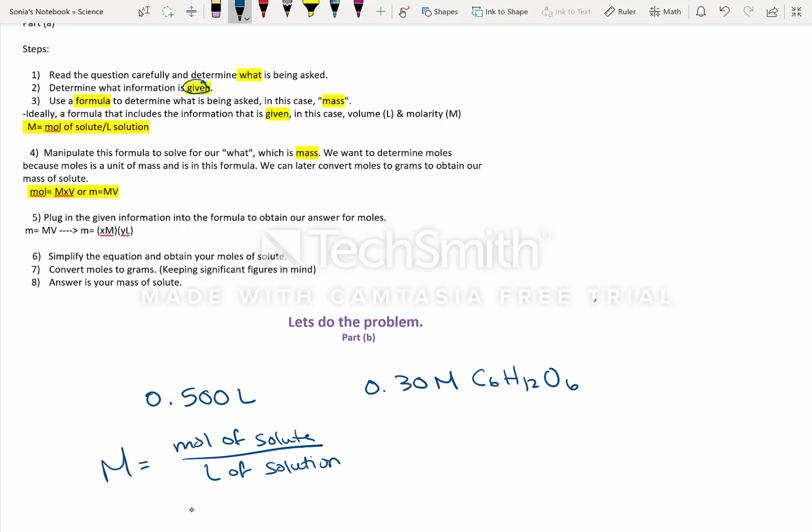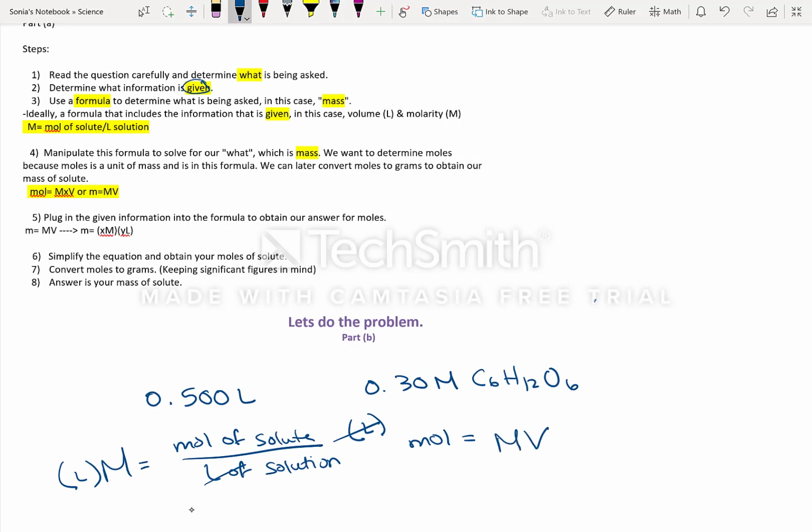We would have to manipulate that formula to obtain our moles. So let's change that by multiplying both sides by liters. These would cancel out, and we would end up with moles equals liters times molarity, or we can write that as volume times molarity, or molarity times volume.